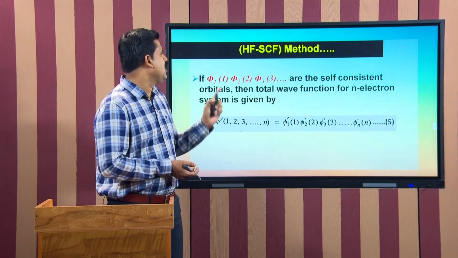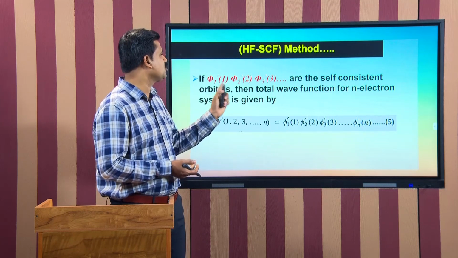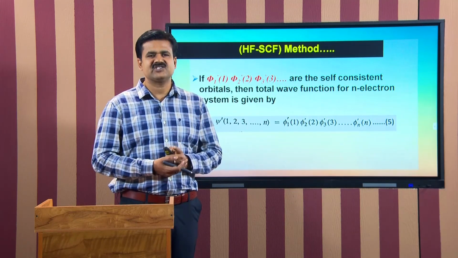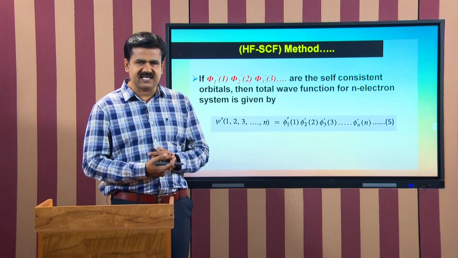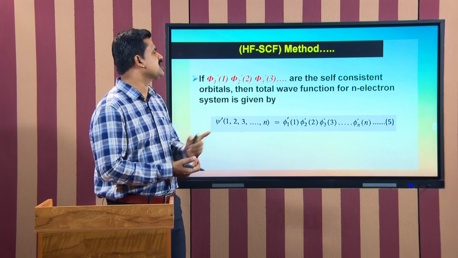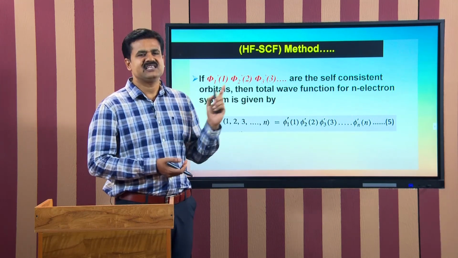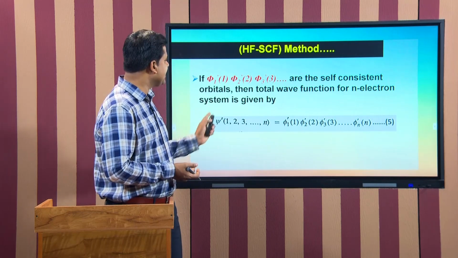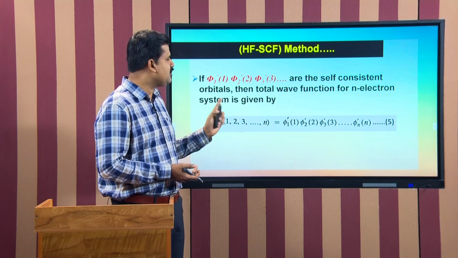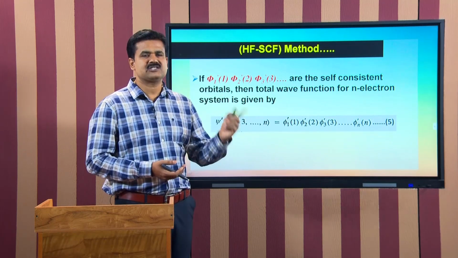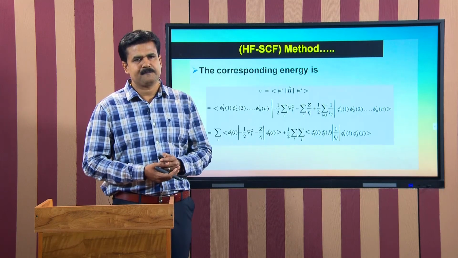If phi 1'(1), phi 2'(2), phi 3'(3), etc. are self-consistent orbitals, then the total wave function for the n-electron system is given by this expression: psi' of 1, 2, 3, etc. up to n equals phi 1'(1), phi 2'(2), phi 3'(3), etc. up to phi n'(n).